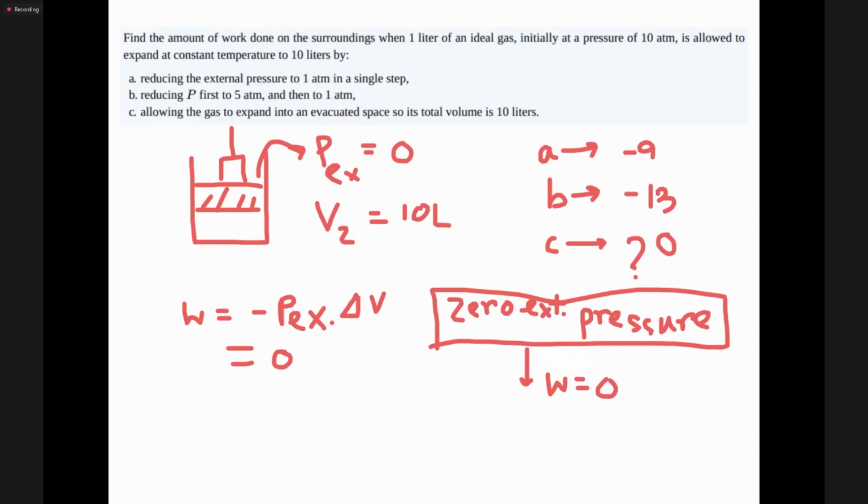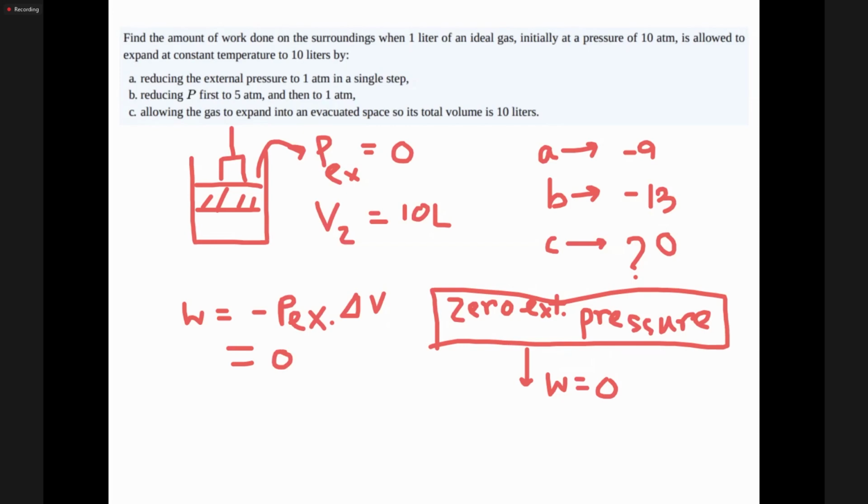So we have three scenarios in this question. First one is reducing the external pressure directly to 1 atmosphere in a single step. Second scenario was reducing the pressure first to a constant 5 atmosphere and then ultimately to 1 atmosphere. And lastly, allowing the gas to expand into an evacuated space, so its total volume is 10 liter.